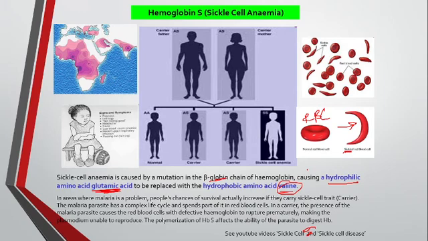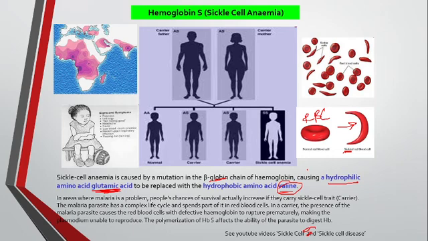Why does this happen? Due to malaria. In areas where malaria is a problem, people's chances of survival actually increase if they are sickle cell carriers. The malaria parasite has a complex life cycle and spends part of it in a red blood cell. In a carrier, the presence of the malaria parasite causes the red blood cell with defective hemoglobin to rupture prematurely, making the plasmodium unable to reproduce.